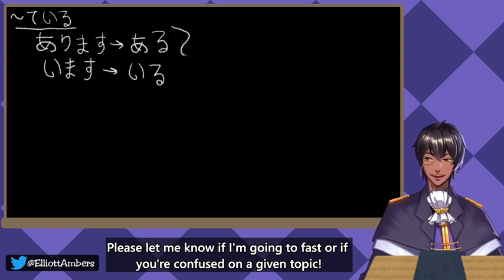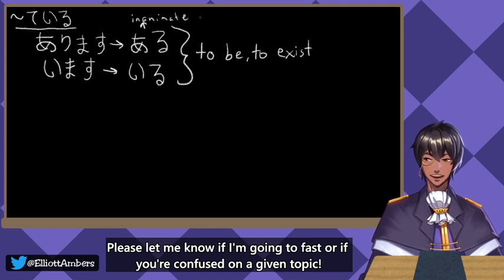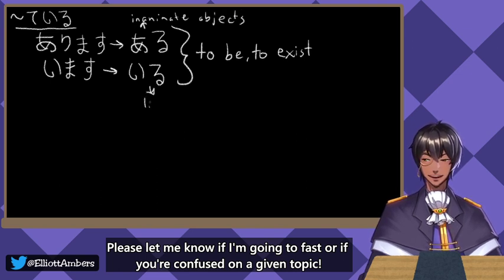So what these verbs mean is essentially to be or to exist. We know that aru refers to inanimate objects, and we know that iru refers to living things.